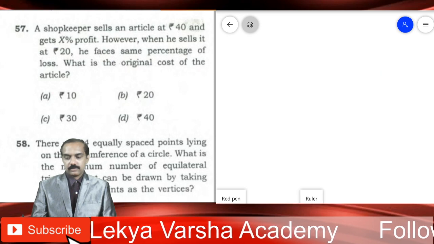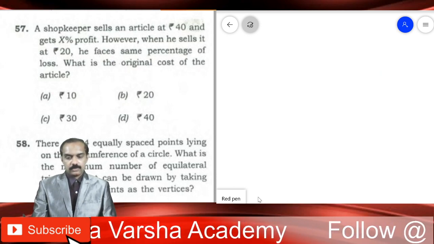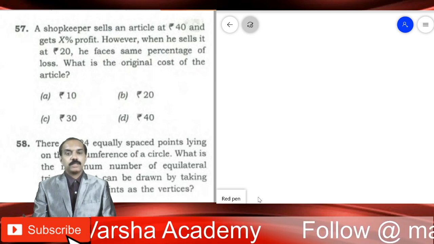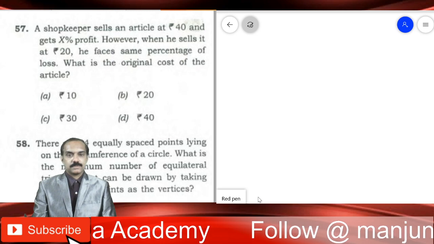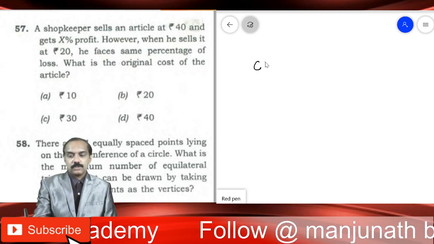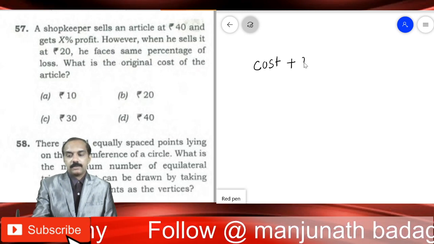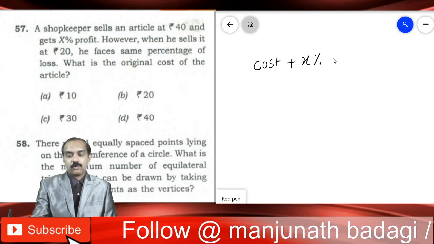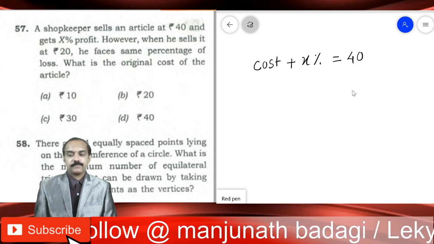This is a problem on profit and loss. That is one thing, but it is mixed with simultaneous equations. Now let's see how it is. A problem on simultaneous equations. We don't know the cost price, and if you add X% of profit, then only you can sell it at 40 rupees.